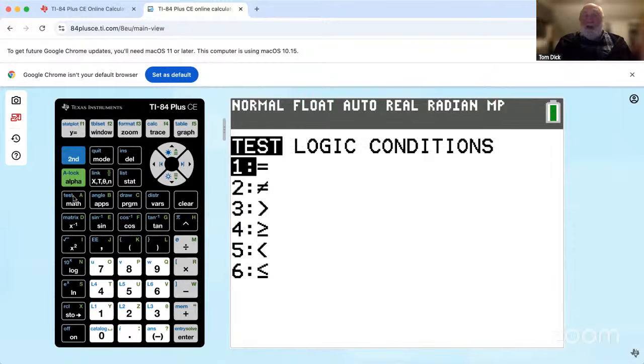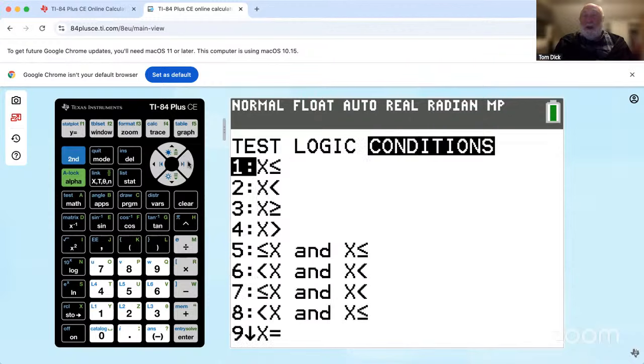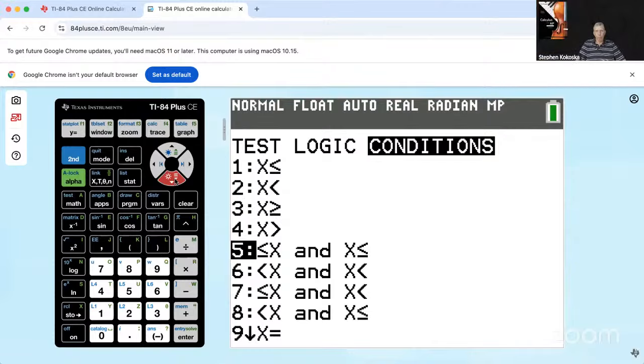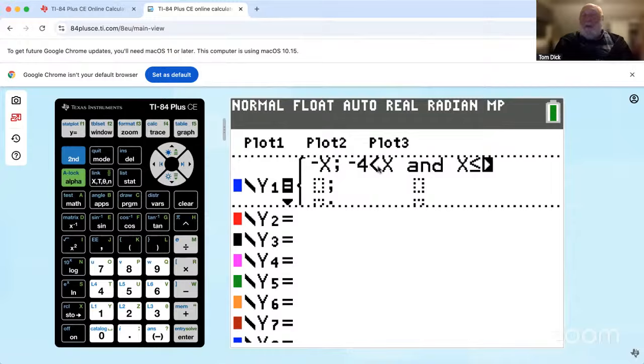That's the second shift of math, and go to conditions. There we go. And so I think I want number 8. So I'm going to go down to number 8. And notice it says, okay, put in -4 is less than x, and x is less than or equal. It's ready for me to put in the second value, or the other endpoint of the interval for which that's good. Okay, so that takes care of that first piece.